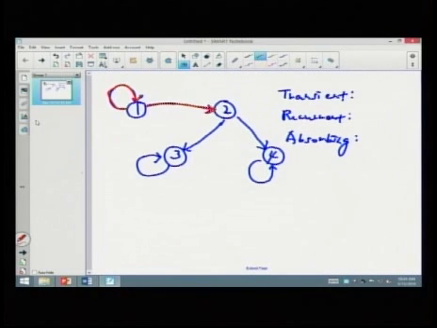Can you ever come back? No, right? So state number 1 has to be transient state, right? The same for state number 2. Right? If you leave, there is no way you can return. So both 1 and 2 are transient state, right?